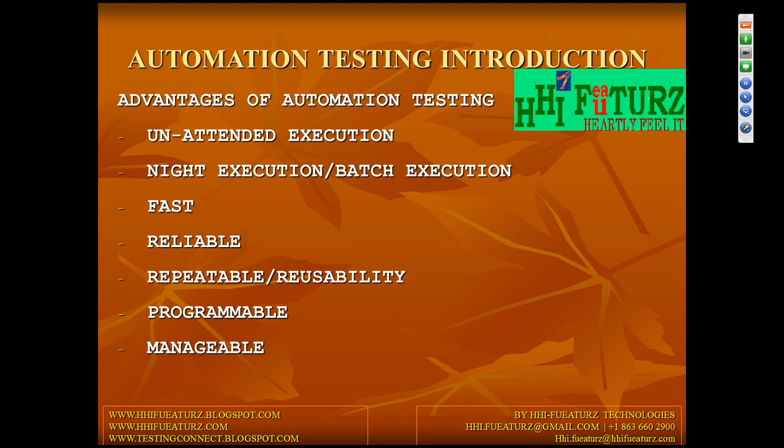Whenever you get a new release like release 300, 400, 500, you'll be able to execute those scripts against those releases. And in whatever project you take, you may come across many environments like development, production, manual testing environment, automation testing environment, or some other environment. All those environments need to be executed. That is nothing but manageable.